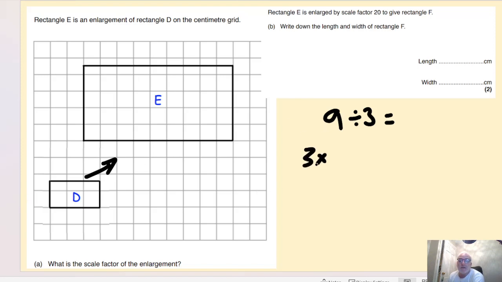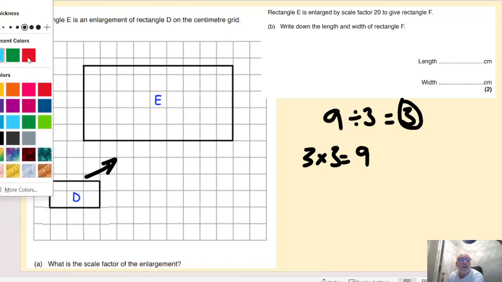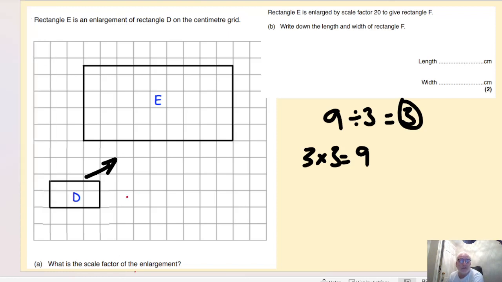You can either think 3 times 3 gives me 9, or 9 divided by 3. That's my scale factor. So if we're looking for that one, we're looking to initially find out what the scale factor is. And my scale factor on this one, what's the scale factor of enlargement? It's a scale factor of 3.